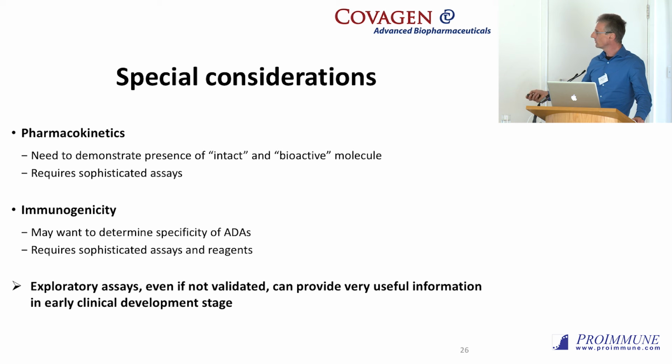And the same is true for immunogenicity. So in addition to just doing your classical anti-drug antibodies, it helps you if you can learn against which parts your anti-drug antibodies are directed, especially when you are dealing with a novel format, because it could be, so luckily for us, in none of the subjects, we had ADAs either pre-existing or ADAs against our scaffold.